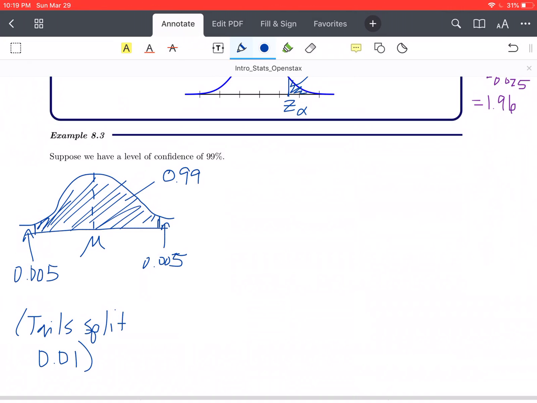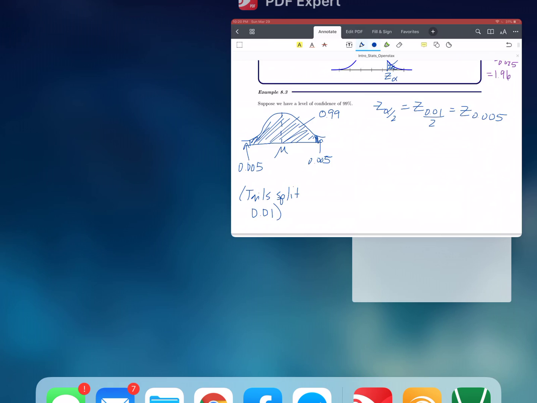Okay. So our z-score here, okay, so z sub alpha over 2, in this case, alpha is 0.01, and then over 2, so that's z sub 0.005. Okay, so in order to find this, we do the same thing that we did before. We're going to go utilize Desmos.